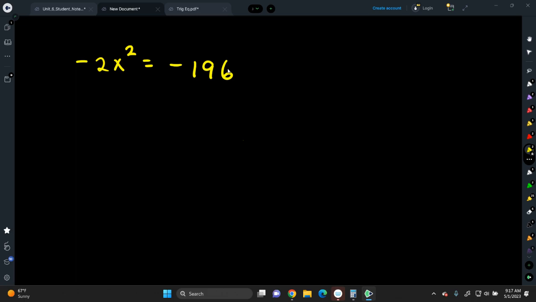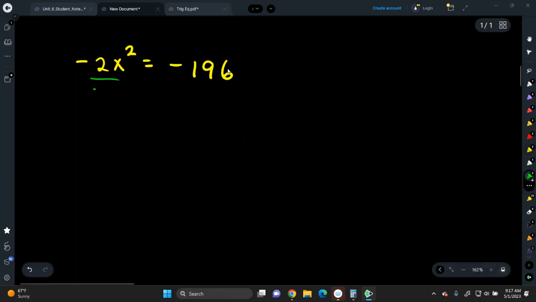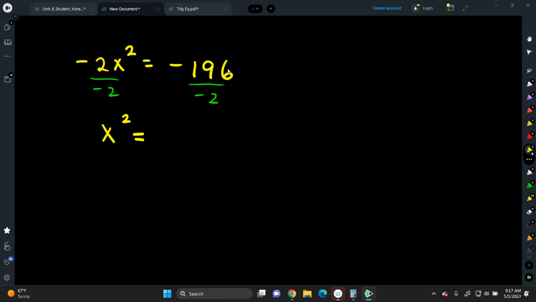Yeah, but let's divide by negative 2 first. And then when I divide a negative by a negative, I get a positive. Yes. x squared equals positive, what is that, 98? Yeah, positive 98.